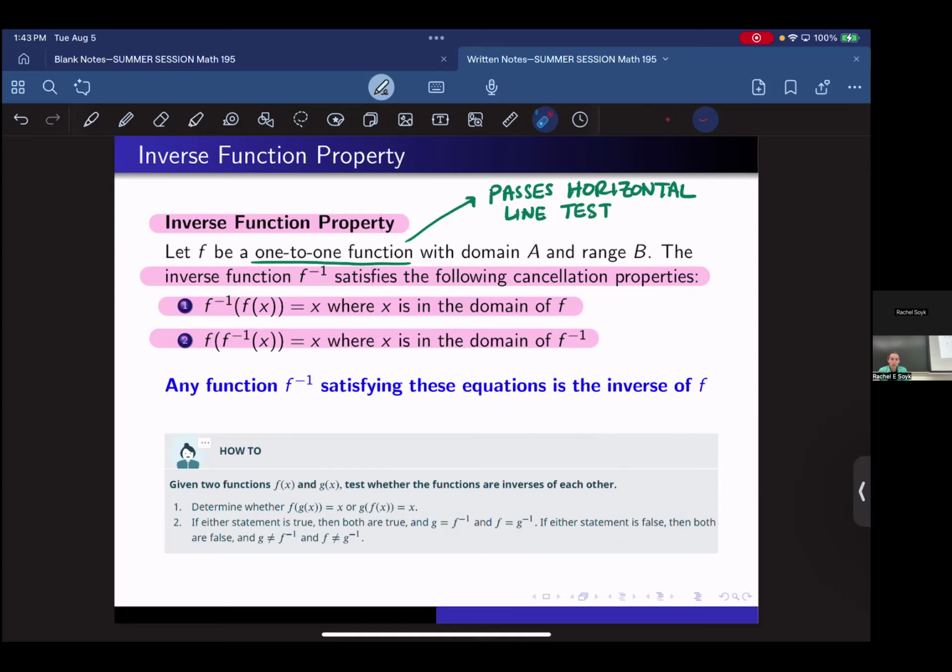And that's a really, really cool property. If you're able to compose it and one of them works, then we know that the two functions are inverses. And we'll practice that in the example on the next page. If one is false, then it automatically doesn't work.